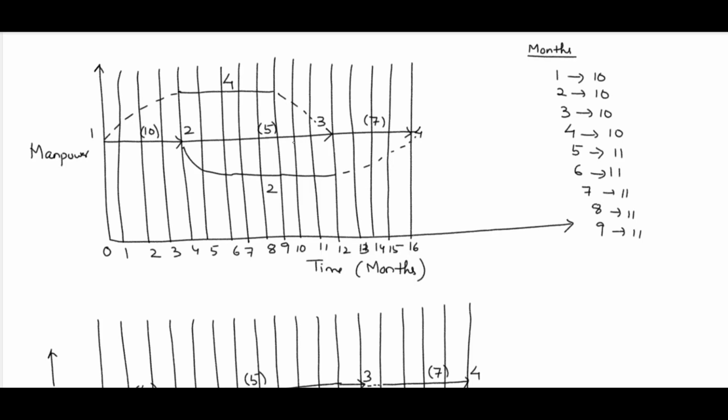For the 10th month it is 7, for the 11th month also 7, for the 12th month also 7.